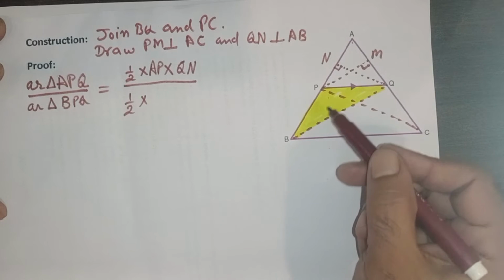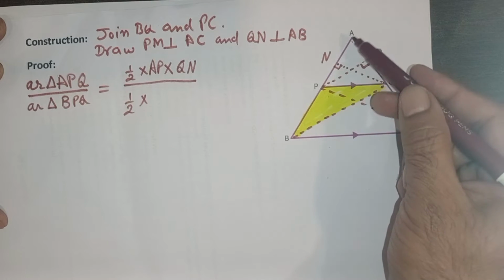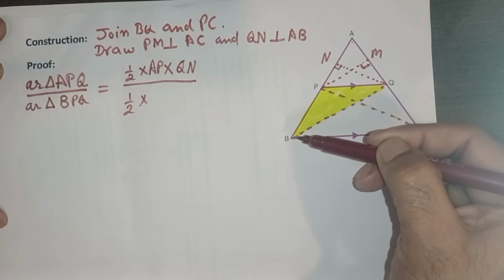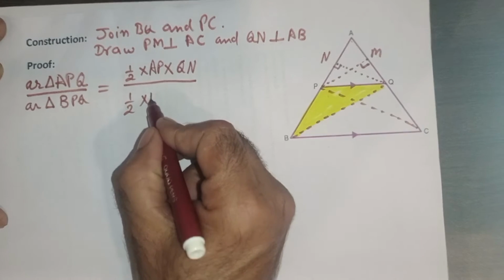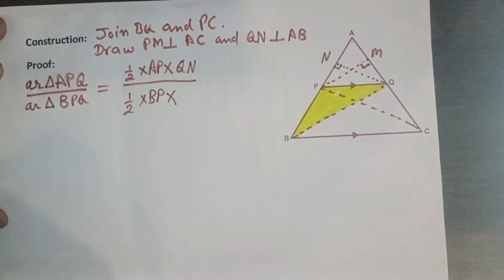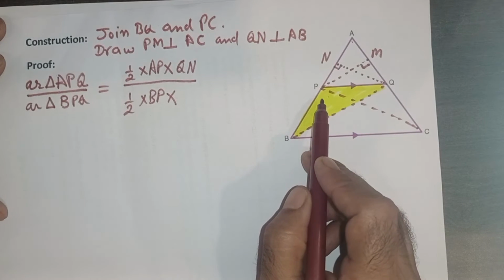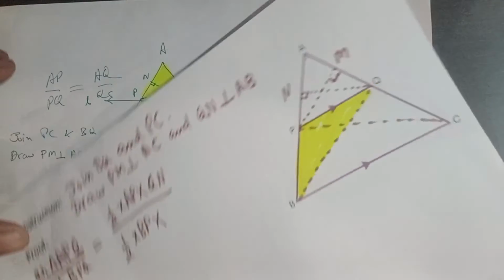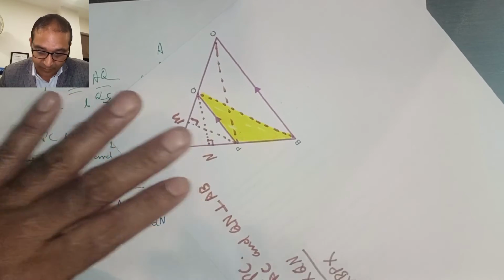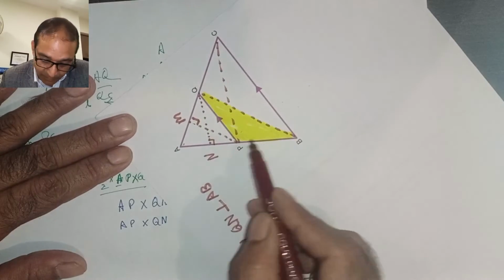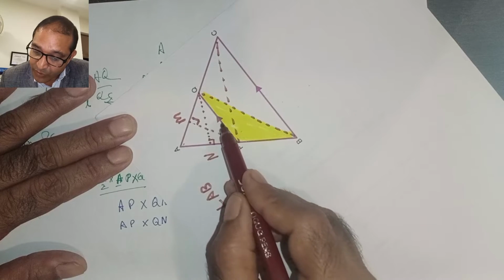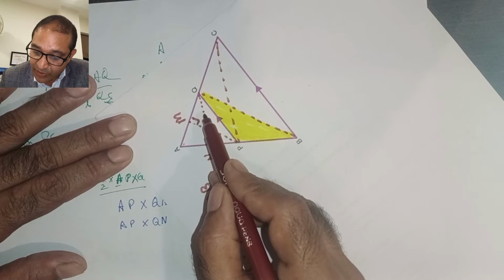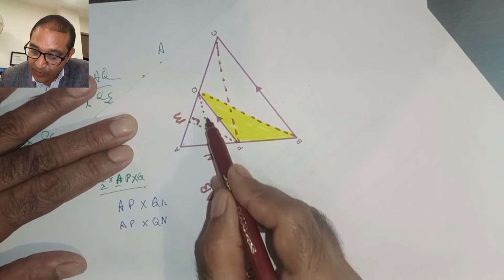Now for this triangle which we have shaded, let us try to take the base on AB only. So we have to take the side BP as the base. Now students, you try to tell what will be the altitude for this triangle when BP has been taken as base. See, here is a triangle, BP is the base, so the altitude has to be dropped from Q. Hence the altitude comes like this, QN.